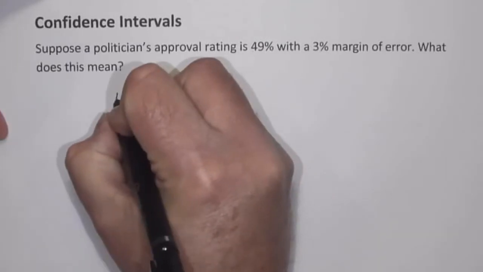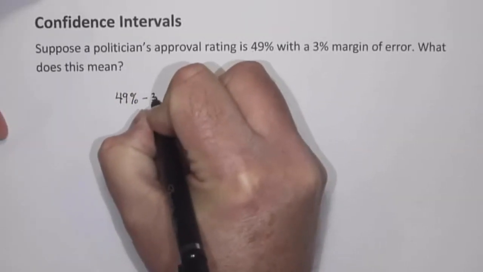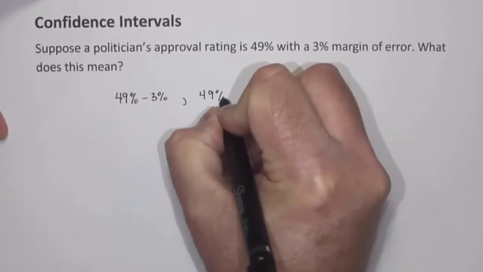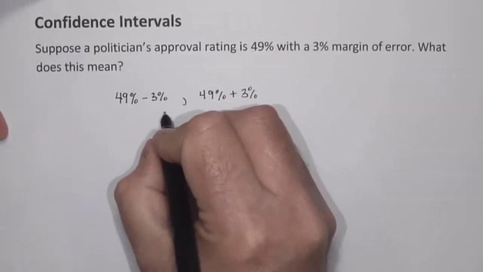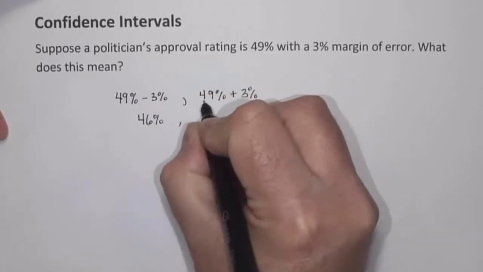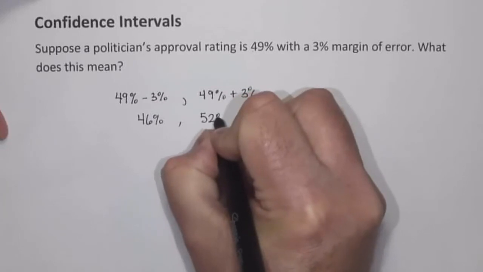So if we were to take the 49% and subtract the 3%, and if we were to take the 49% and add the 3%, well, 49 minus 3 is 46, so that would be 46%, and 49 plus 3 is 52, so 52%.